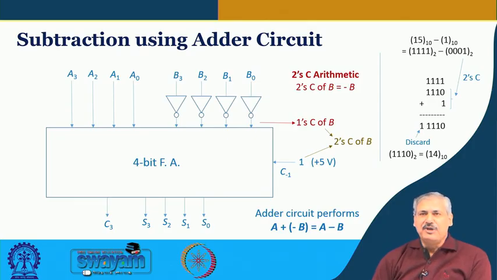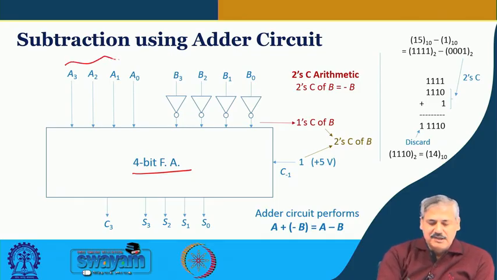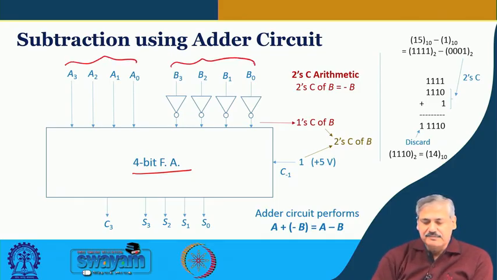So, now what we have got, this is the 4-bit full adder. Within it there are 4 individual 1-bit adders, and we have already seen before how a 1-bit adder is made using basic logic gates. So, this 4-bit adder has these 2 inputs, augend and addend, and this is the sum output and this is the final carry.